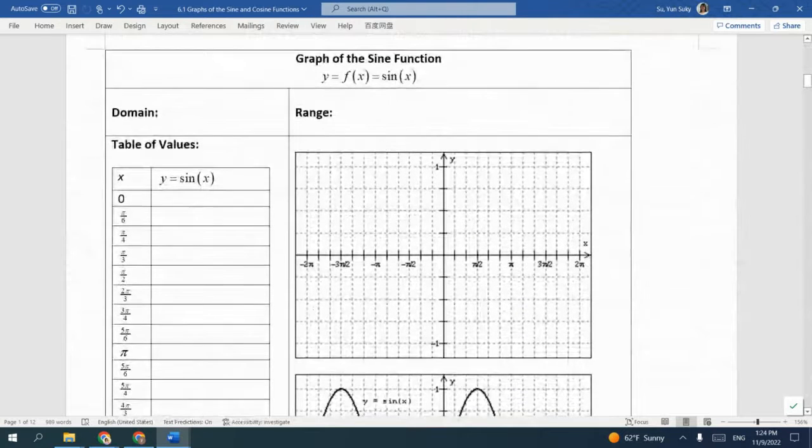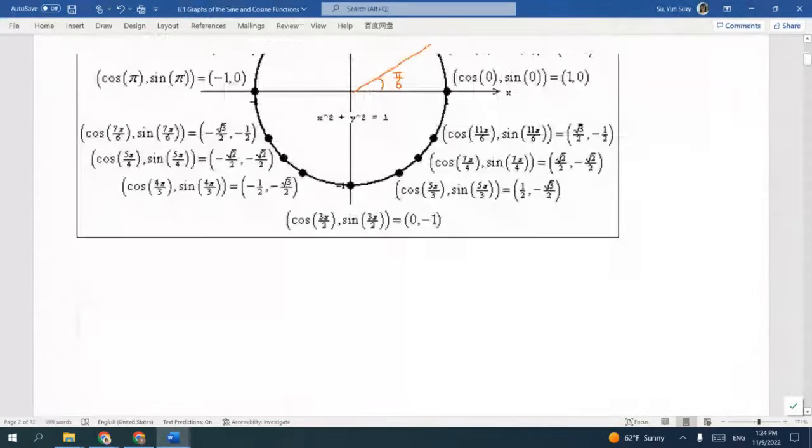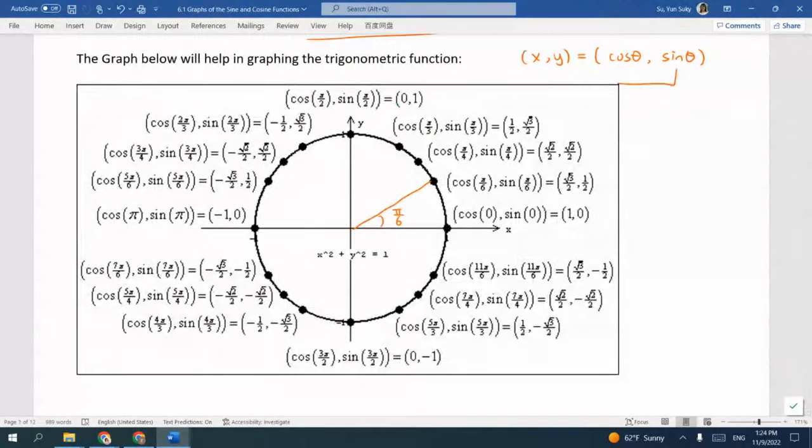Let's continue and look at the graph of the sine function. So keep that picture in mind. Sine is the y coordinate. Yes, sine theta is the y coordinate. If the angle is 0, sine 0 is 0. Right, everybody?